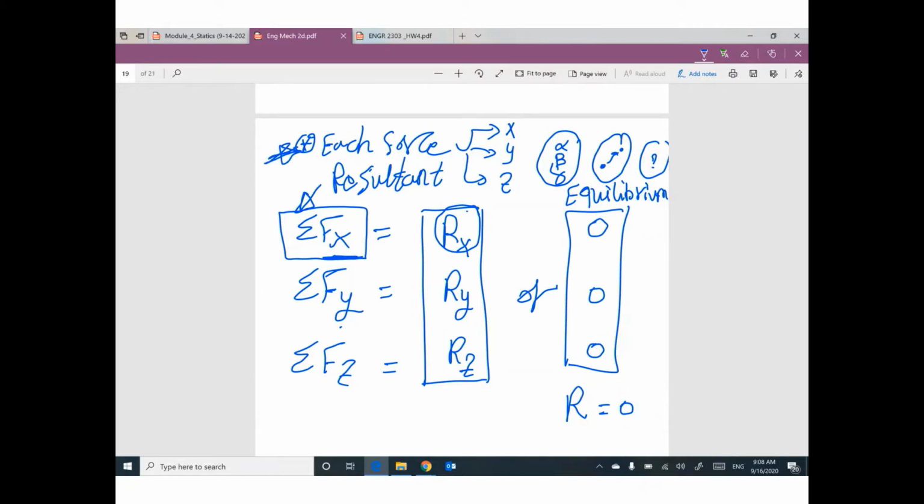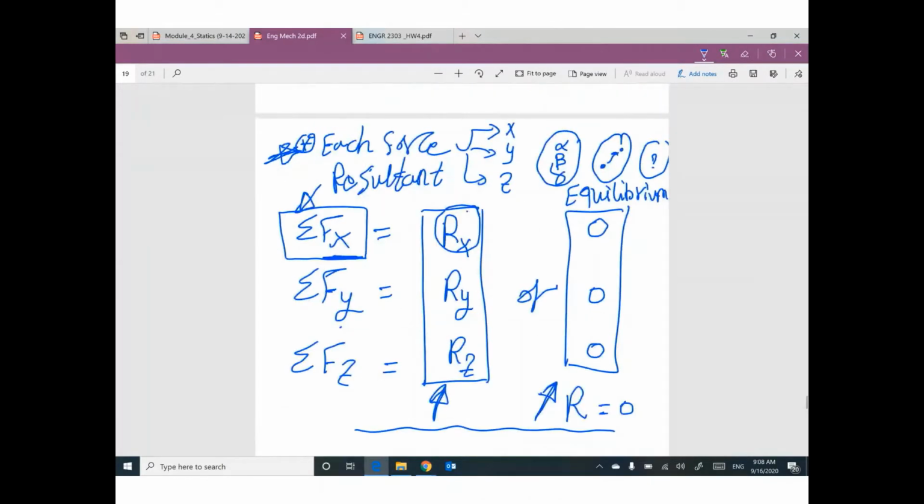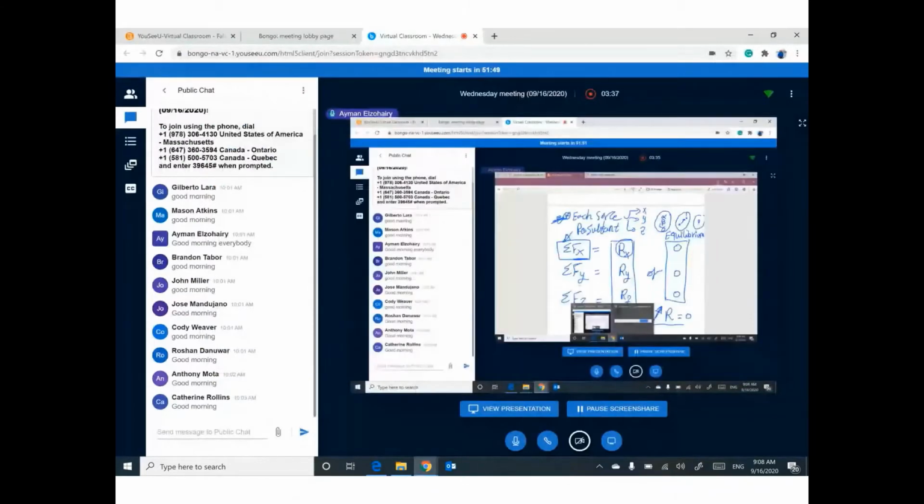Once you did this step, then we have 2 scenarios: this one, if we have a resultant force, or this one, if the force is in equilibrium. Until this moment, does anybody have any question? Any question for this point?